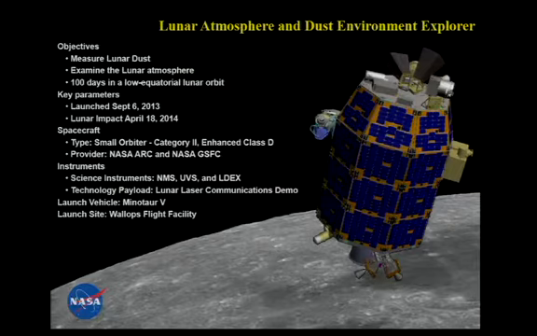And think of the lunar dust experiment as like a bug zapper out in front sweeping dust out of the atmosphere. It's kind of cool. We had one technology payload. We had hosted a lunar laser communications demo, which was extremely successful. Another first for LADEE was that we were the first spacecraft to launch on a Minotaur 5, and we launched out of the Wallops Flight Facility.